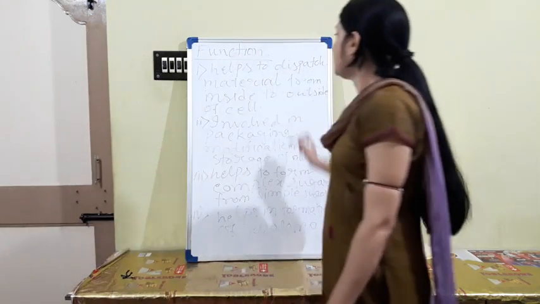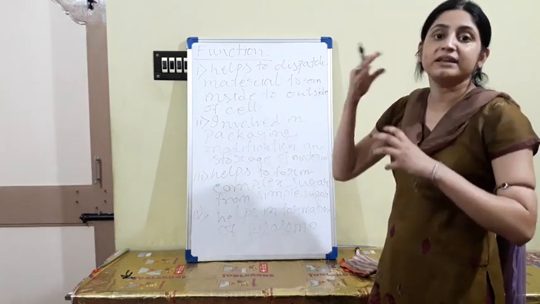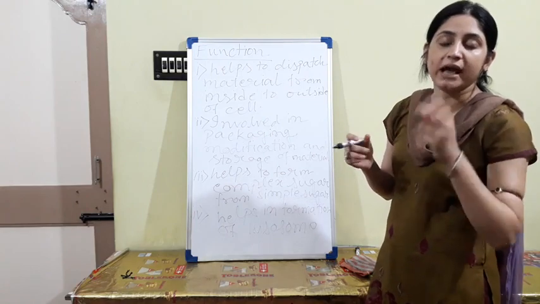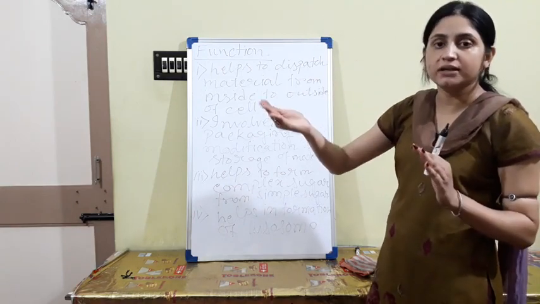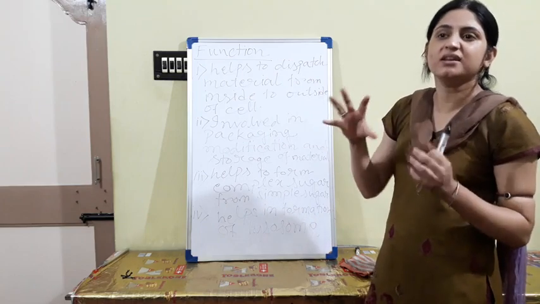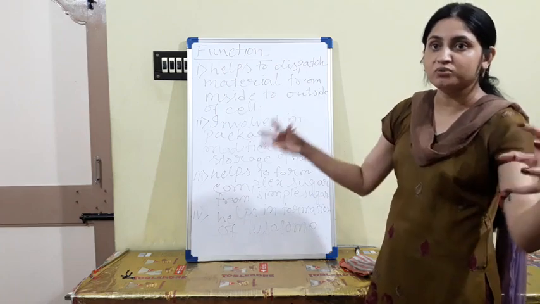So this is the function of the Golgi bodies. It helps to dispatch material that is produced by the endoplasmic reticulum and other organelles. It is first stored in the Golgi bodies, then converted into something that is packaged, meaning protected. This is not a shop, you just package material.